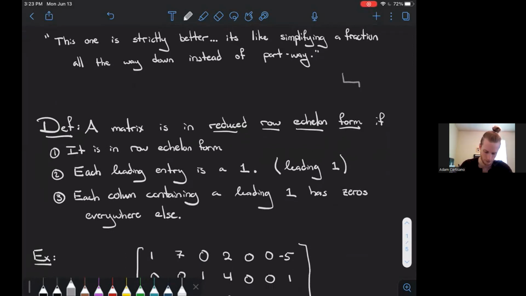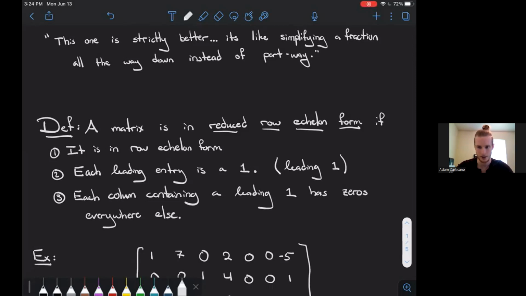So we maintain that descending staircase pattern, but now we ask that every time you have a leading entry, it must be the number one. So if in your row echelon form you had a leading entry which was not a one, you're going to have to scale down that row so that it is a one.